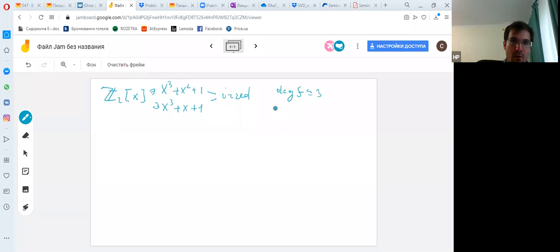We have only two possibilities for a root, 0 and 1. We substitute 0 into these polynomials and we obtain 1. And we substitute 1 into these polynomials and we obtain also 1. So neither 0 nor 1 is a root of these polynomials, so these two polynomials are irreducible.